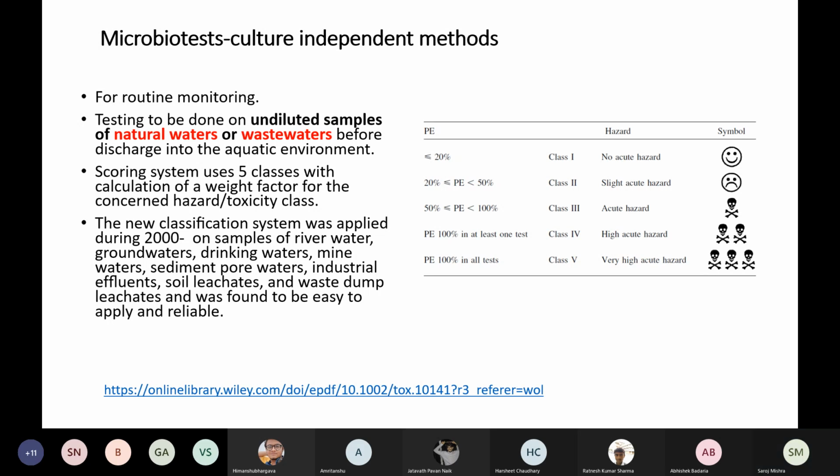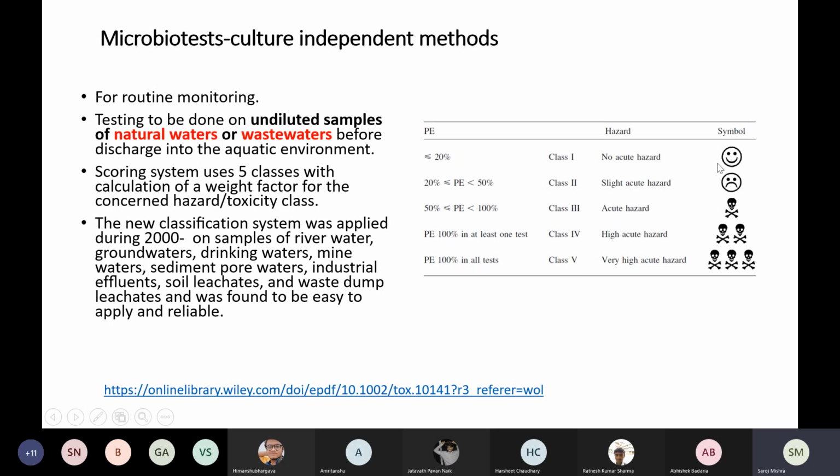And based on the tests which you are going to conduct, there is a scoring system which is going to use 5 classes. So there are water bodies which are either natural water bodies, or water bodies where wastes are discharged. They can be classified into 5 classes as you see in this table.